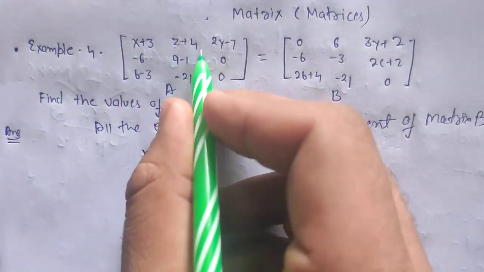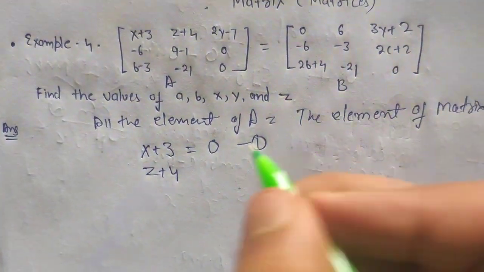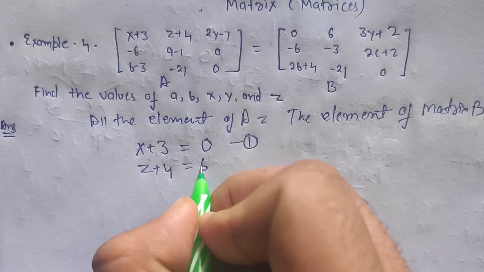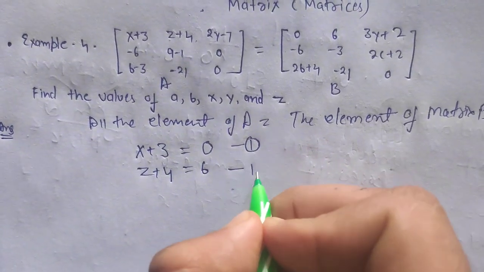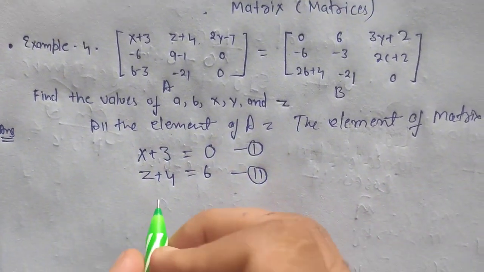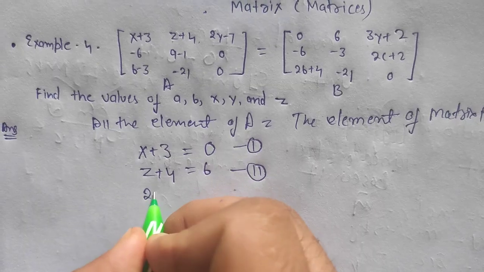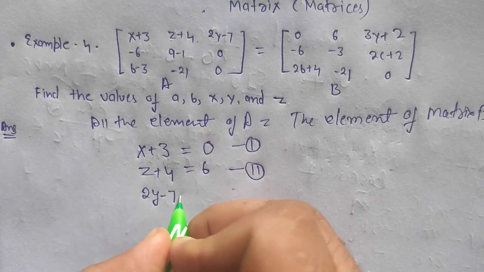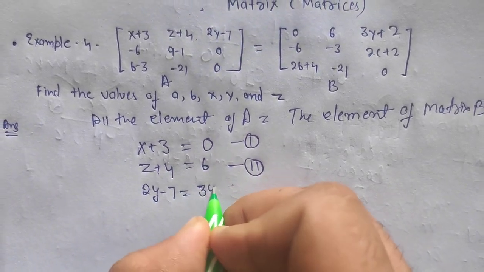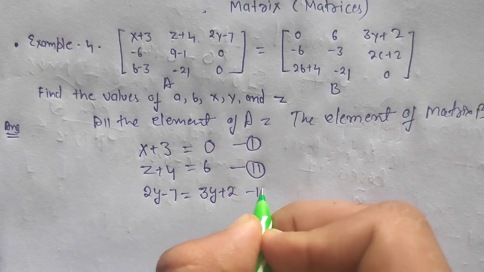Now x plus 3 is equal to 0, equation 1. Z plus 4, which is A12, is equal to B12, equal to 6, equation 2. And 2y minus 7 is equal to 3y plus 2, equation number 3.